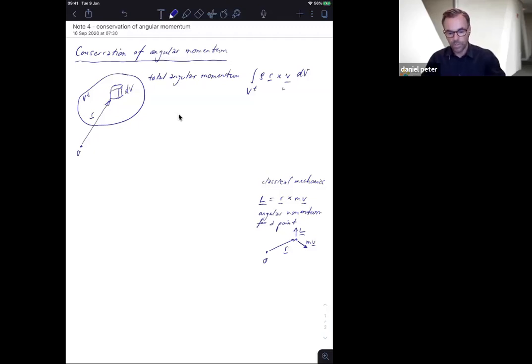So we have v, the velocity of that little volume parcel dV. r is its position vector with respect to an origin, let's say at 0.